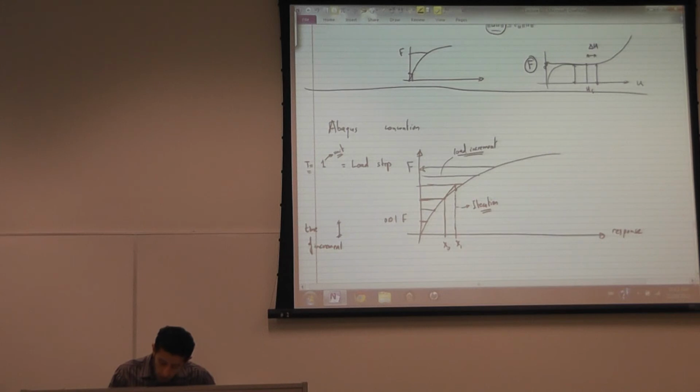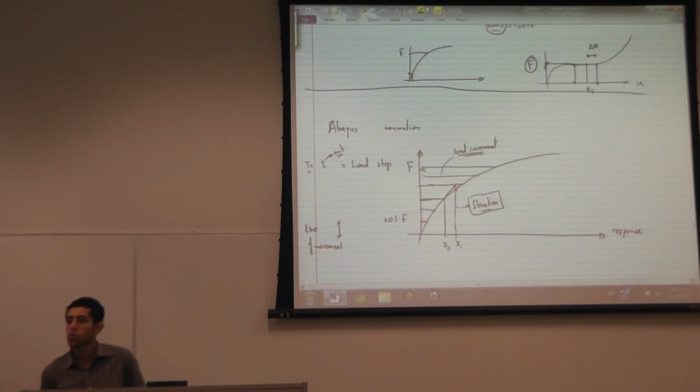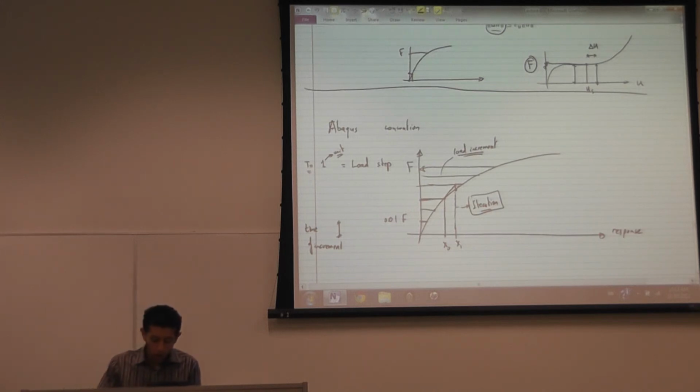So there are a few iterations until you achieve one load increment. Each load increment takes a few iterations. Next week, I'll spend time showing you all this within the Abaqus software environment: where the load increment is, how you set it, what the iterations mean, and all these things.